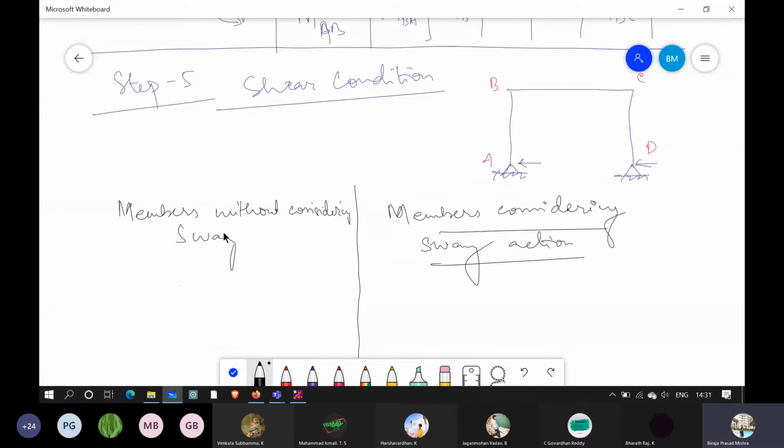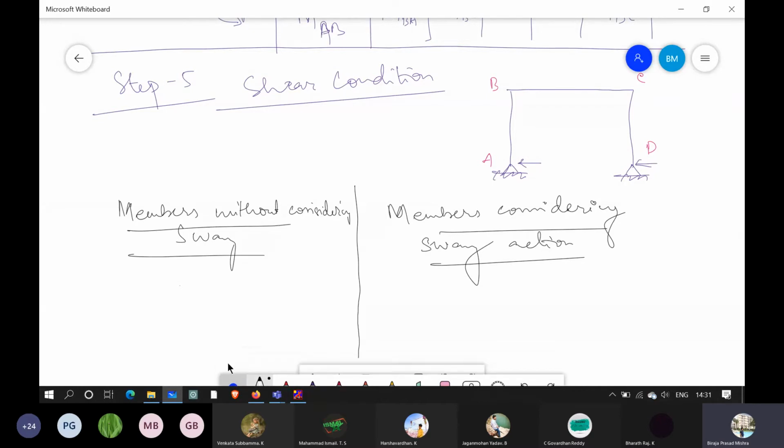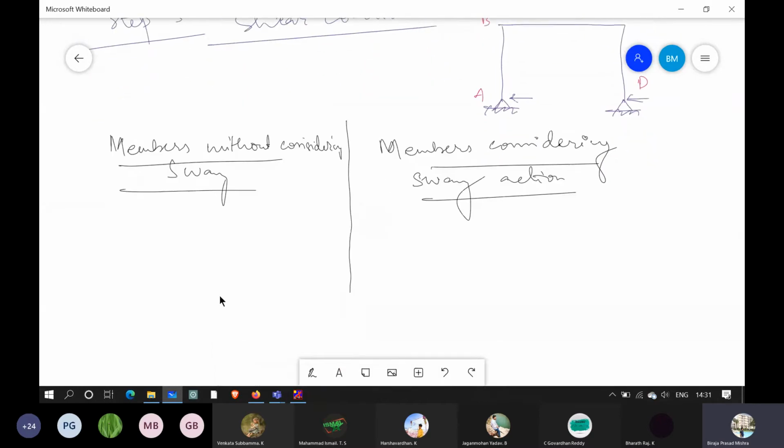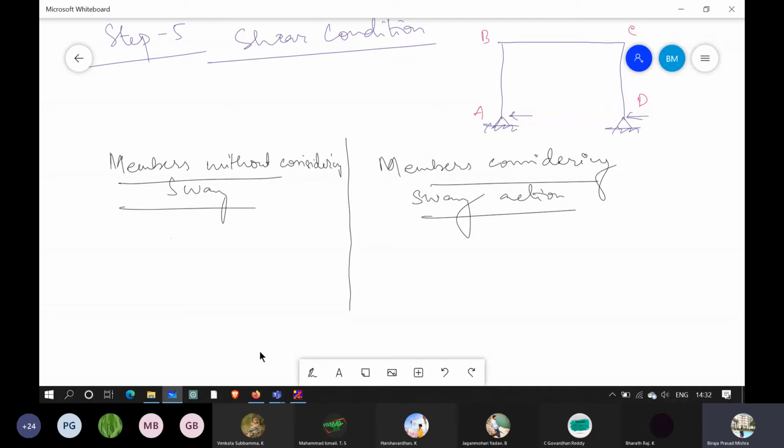Here we need to find out the shear forces. These are the two members which have the forces.